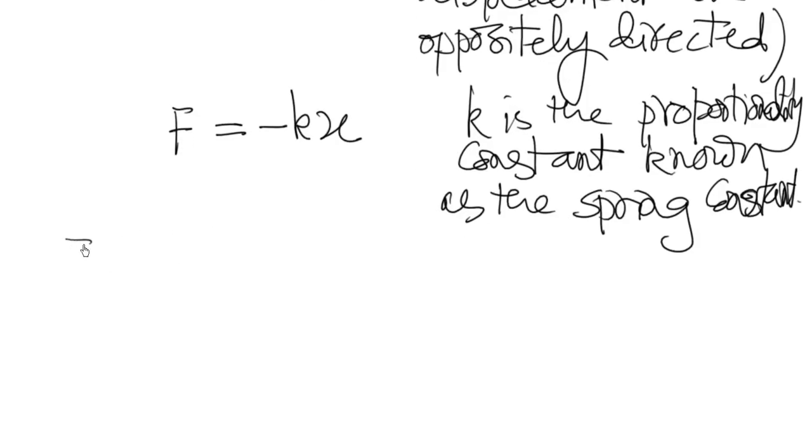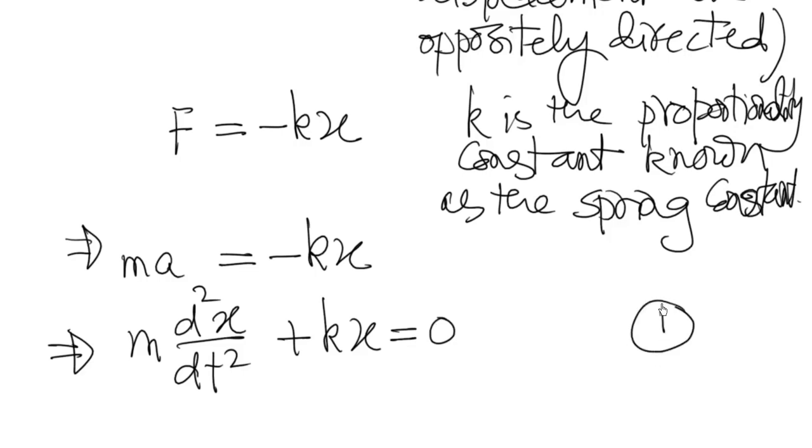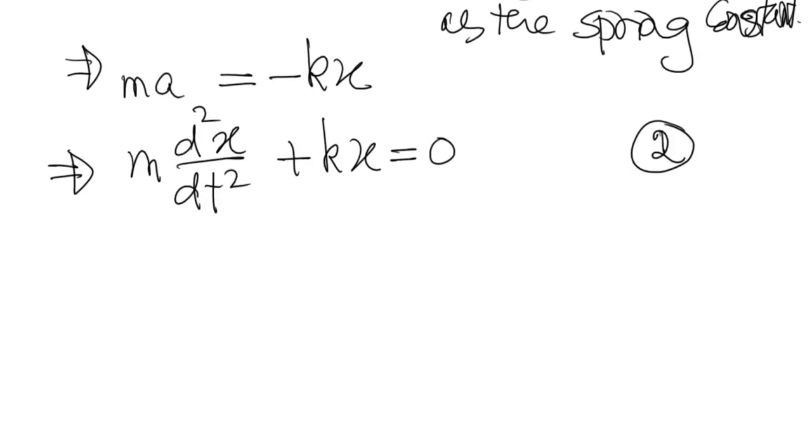We know force is mass into acceleration, and acceleration is the second derivative of position. So you see this is the simple differential equation of the simple harmonic oscillator.